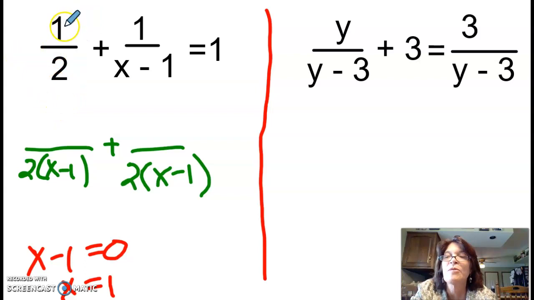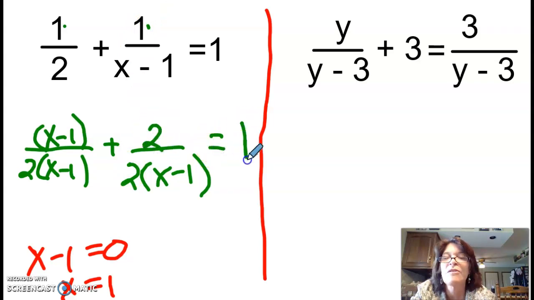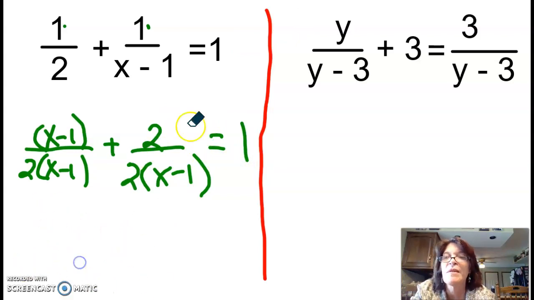So I'm going to have to multiply the top by x minus 1. 1 times x minus 1. If you notice, this fraction is still 1/2. The x minus 1's cancel. This has an x minus 1, but it doesn't have the 2. So I'm going to have to multiply 1 times 2. So you get your common denominator, and then you go from there.